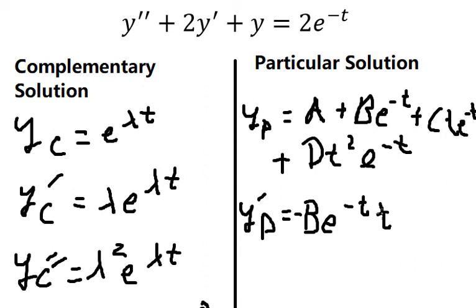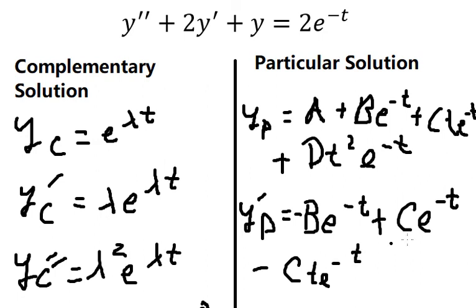Then t: we do the first derivative of t, so you get c e to the power of negative t. Later we do the first derivative of the other part, you get negative c t e to the power of negative t.